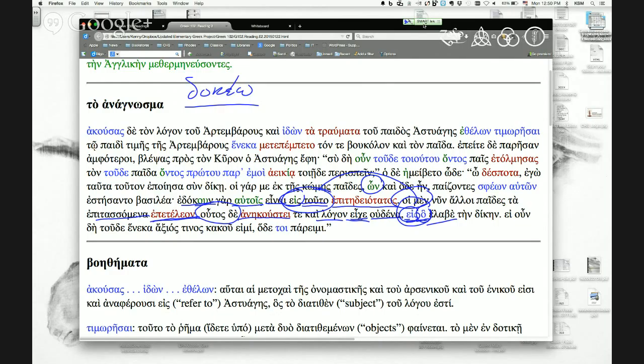Ei oun toutou heneka axios eimi kakou tinos. If therefore I am worthy of something bad, on account of this thing here, hodi toi parema.